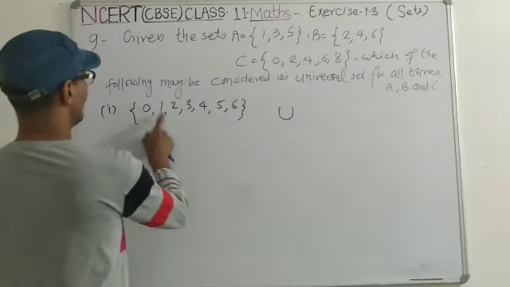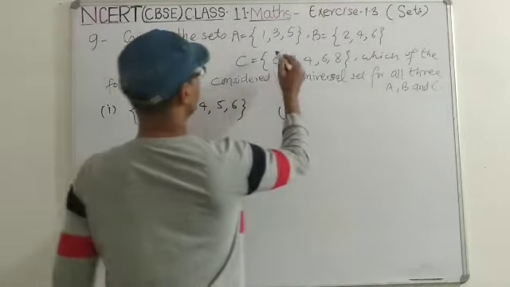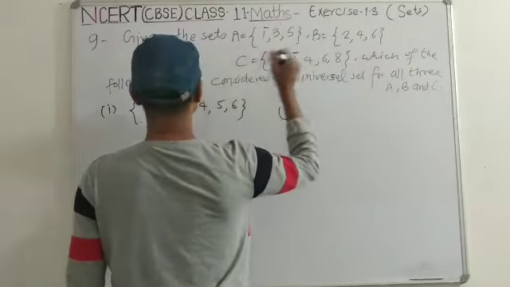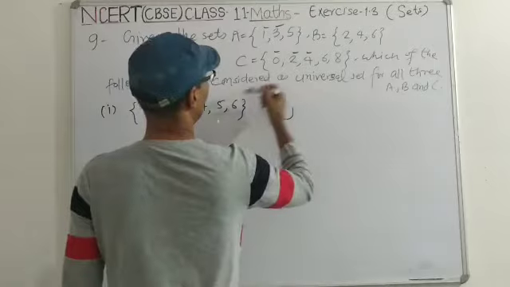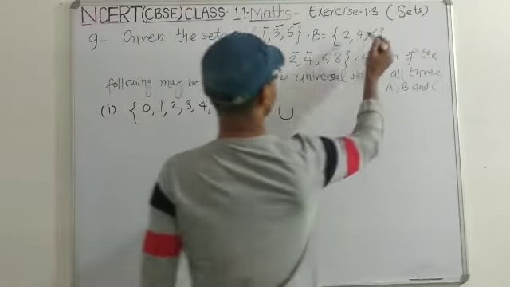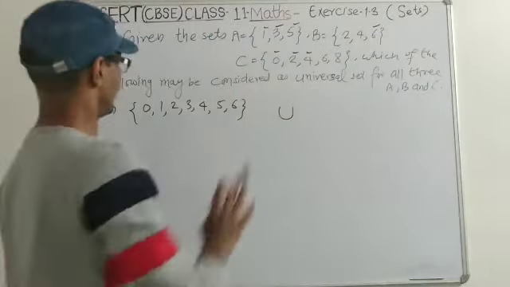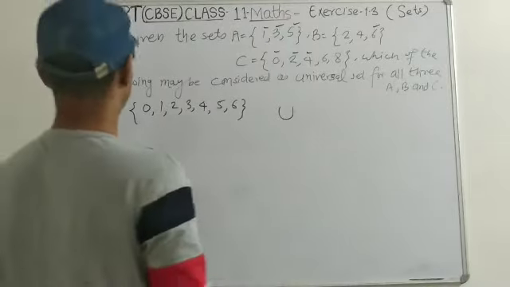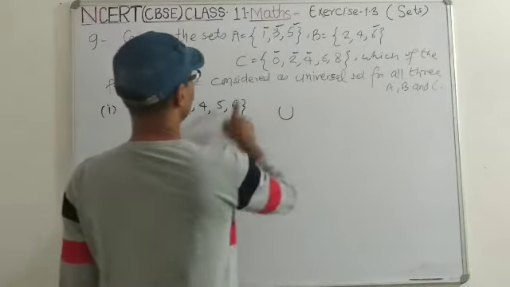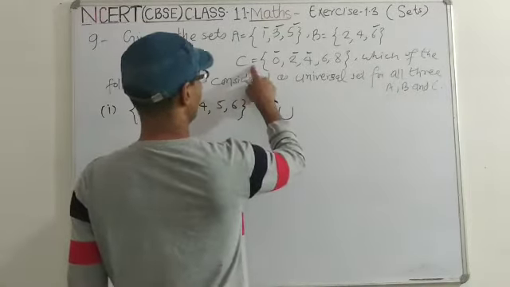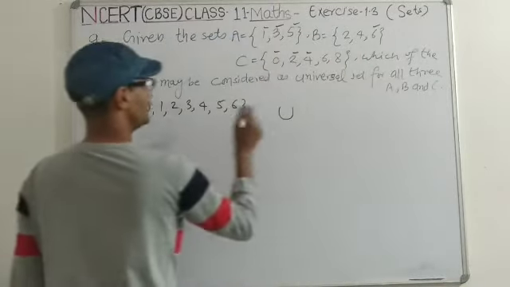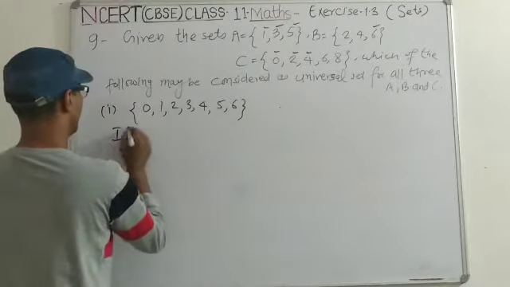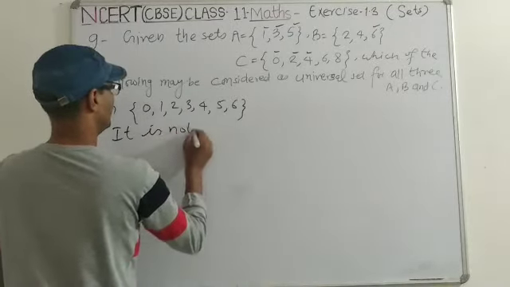So here 0 1 2 3 4 5, 0 also here, 1 2 3 also here, 4 also, 5 also here, 6 may be repeated, but all elements must be there. This cannot be, because in the set C one extra element is 8 and 8 is not in this set, so we can say it is not universal set.